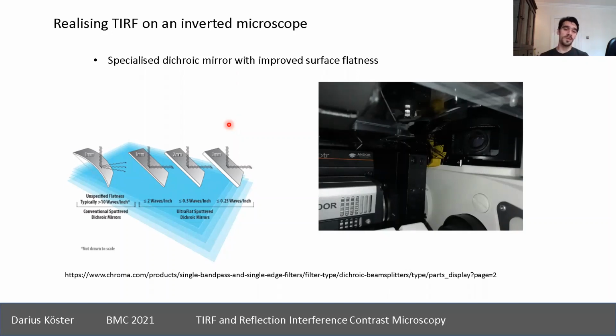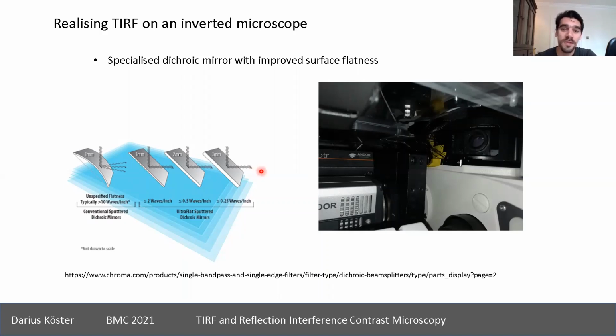So what we normally get are these thicker dichroics. You can find them by just looking for TIRF dichroics. They're normally thicker glass. Special care is taken so that they have very flat surfaces to guarantee a very good reflection of the light. So that's one critical element.